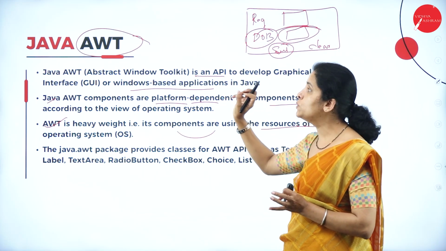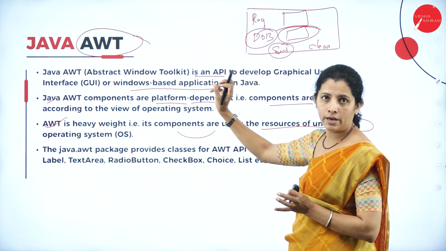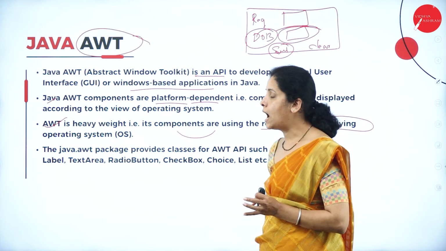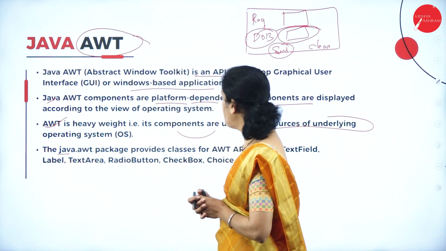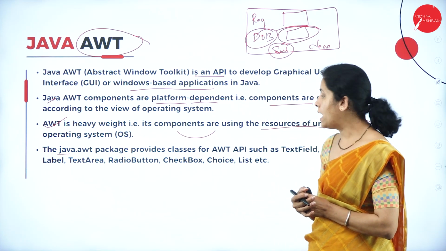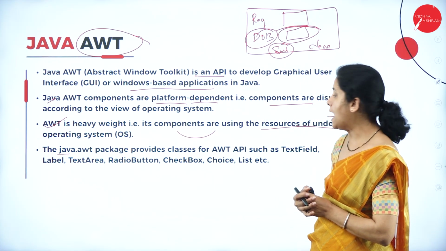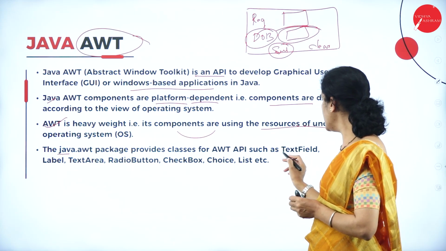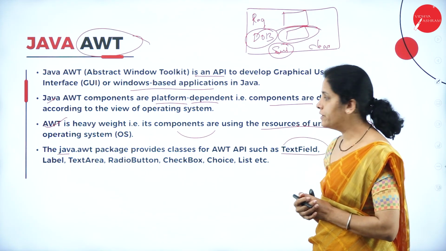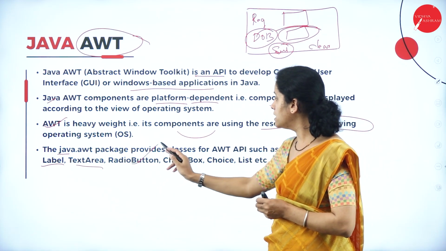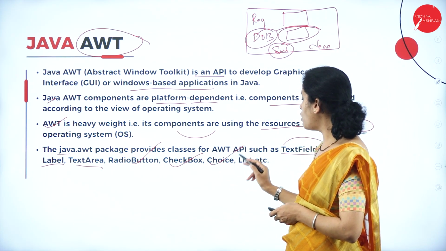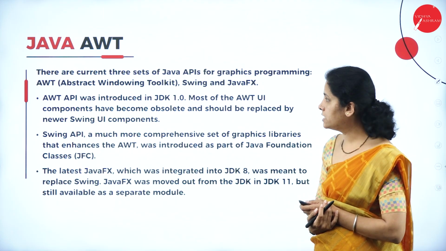If I want to use AWT components, I want to import the java.awt package, which provides classes and APIs like text field, label, text area, radio button, checkbox, choice, list, etc.